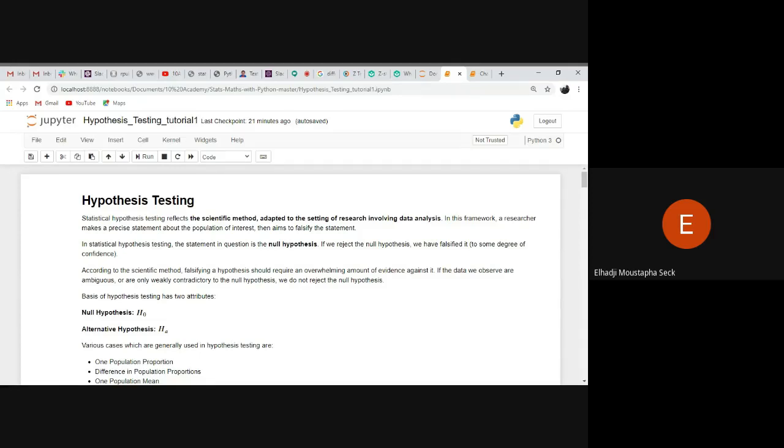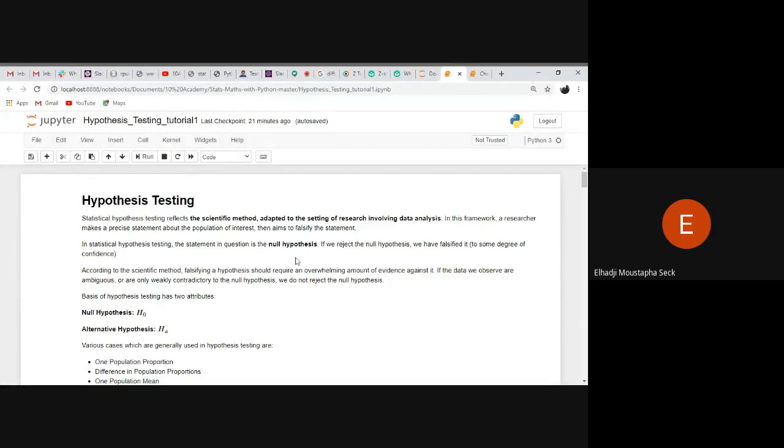Hypothesis testing reflects the scientific method adapted to the setting of research involving data analysis. In this framework, the researcher makes a precise statement about the population of interest and then aims to falsify the statement. The statement in question is what we call the null hypothesis.